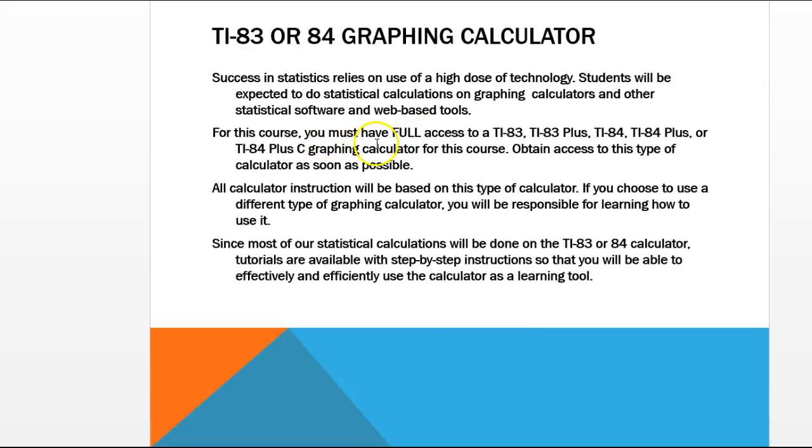And for instruction, I have videos in the content link on Blackboard that show you how to use the calculator to do specific problems. So also looking up areas underneath the normal curve or binomial probability, this type of calculator has those tables built into it. So it's good to work with that idea. So you want to have this type of calculator as soon as you possibly can.